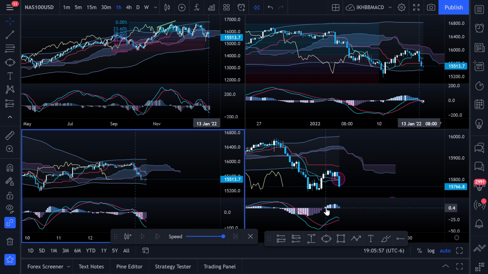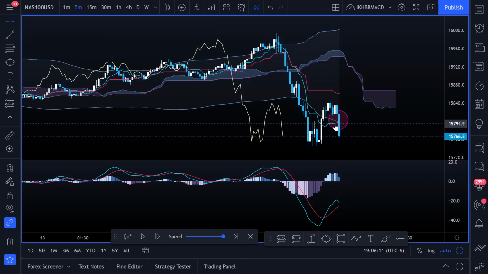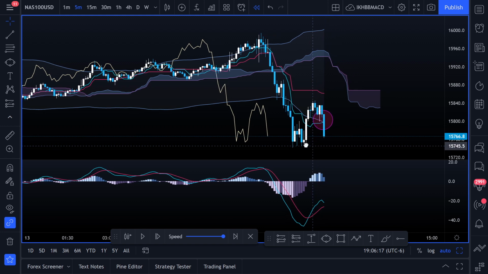So you can see that the bullish momentum for the MACD histogram was coming to an end, and the price broke below Tenkan-sen again, and it broke the lower Bollinger Band.